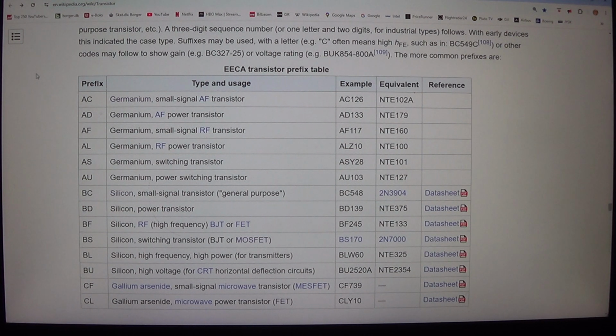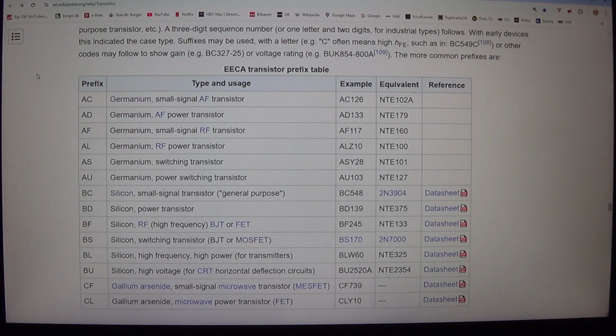BC: silicon, small signal transistor, general purpose, BC548, 2N3904, datasheet. BD: silicon, power transistor, BD139, NTE375, datasheet. BF: silicon, RF, high frequency, BJT or FET, BF245, NTE133, datasheet.